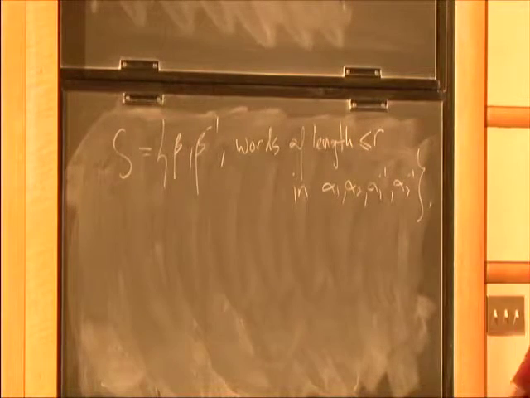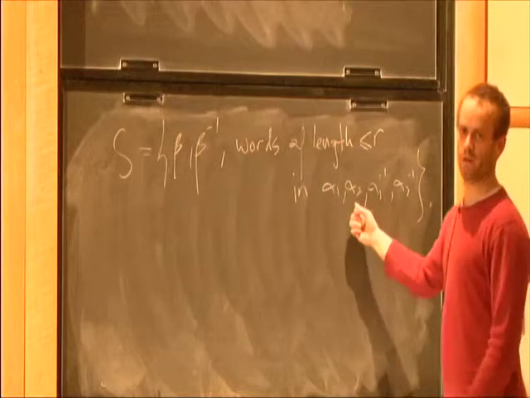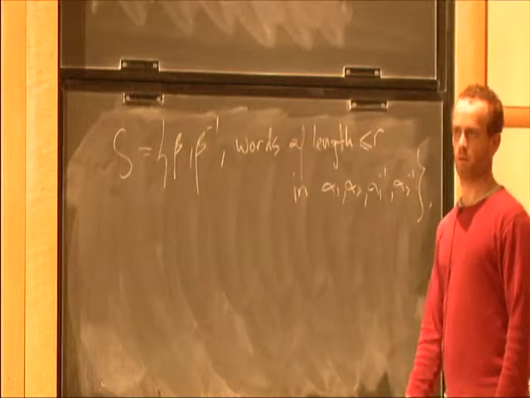So you multiply these matrices R times in all possible ways. It's a finite set. This is the set S. Okay?